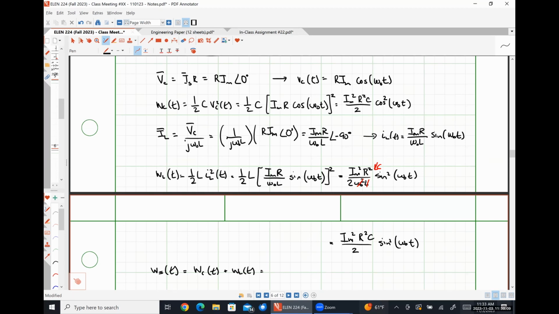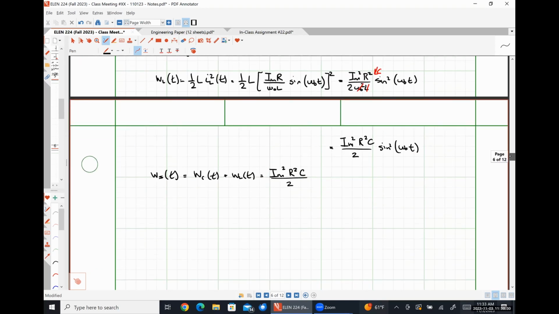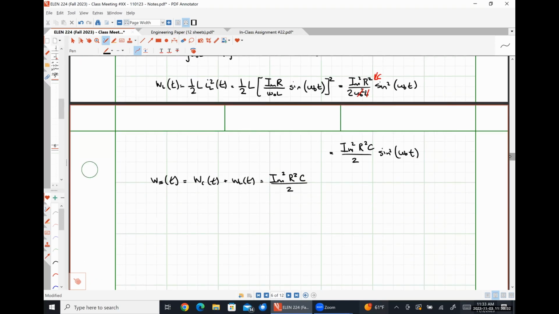Since sine squared plus cosine squared is equal to 1, this comes out to be a constant value, just like we saw on Wednesday, of Im squared R squared C divided by a factor of 2. So this is the energy storage part of our definition of Q. We can call this W capital S because it's constant.